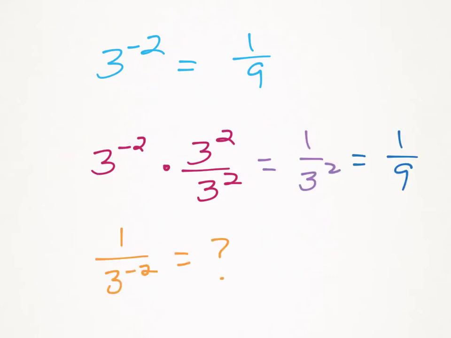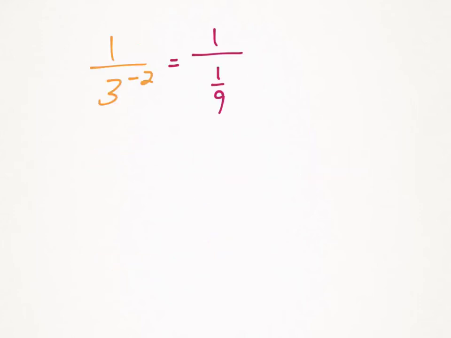But now the question is, what if you have a problem like the one we have here, where it's 1 over 3 to the negative second? We already have that exponent in the denominator, so what do we do with that? Let's first go ahead and convert it to a fraction to make it a little bit easier. So now we have 1 over a fraction. Of course, we can't have a fraction in a fraction, so we need to simplify it.